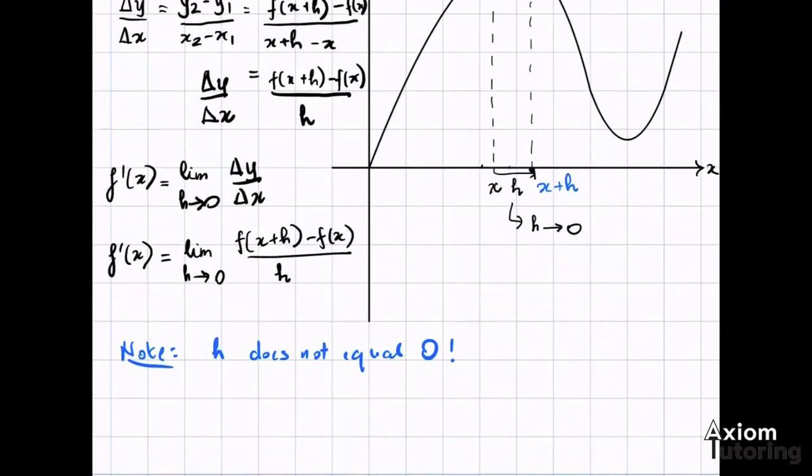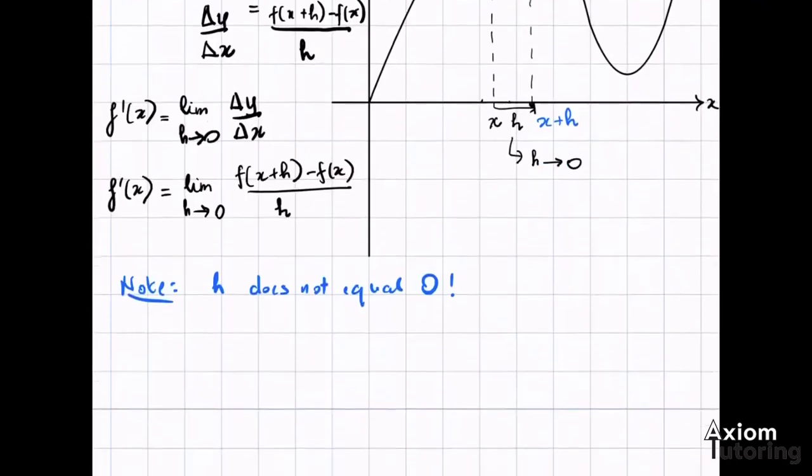Let's substitute in h equals 0 into our definition of the derivative. Then that would mean f dash of x equals f of x plus 0 minus f of x over 0.